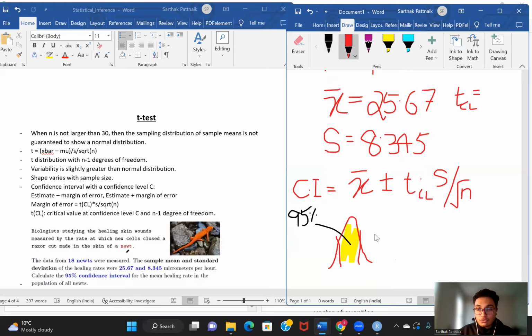And the rule of symmetry is also valid for t distribution, that the left area and the right area are equal. Therefore, the property of symmetry is sacrosanct even in t distribution. We discussed this idea in detail when we were discussing Z test. So these areas are the same. This is 95%. Combined, these two are 5%. So each of them is 2.5%.